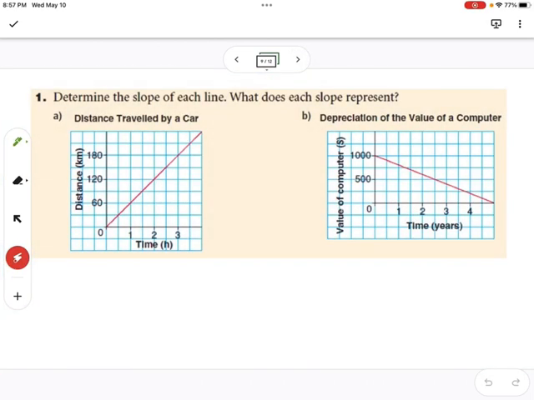Determine the slope of each line. So slope is also rise over run, or y2 minus y1 over x2 minus x1. So you can pick specific points on the graph you want to use. Okay, anywhere that lines up is a valid point.